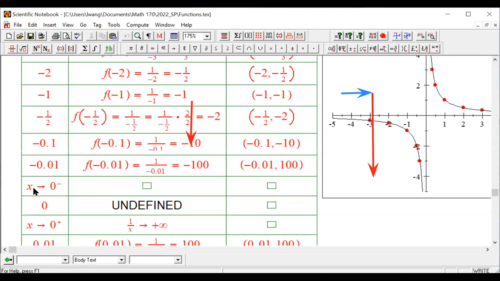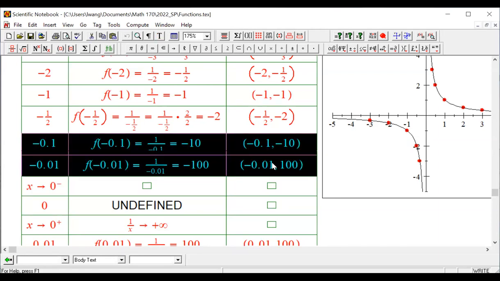Right here, x approaching 0 from smaller than 0. When x is approaching 0 from smaller than 0, which we saw in these two examples, what happens?